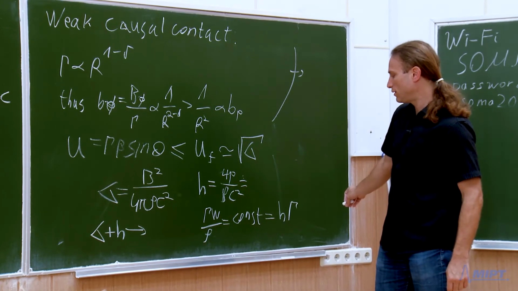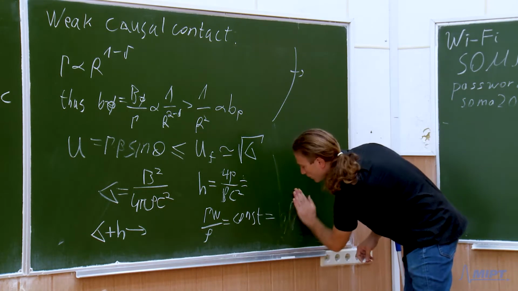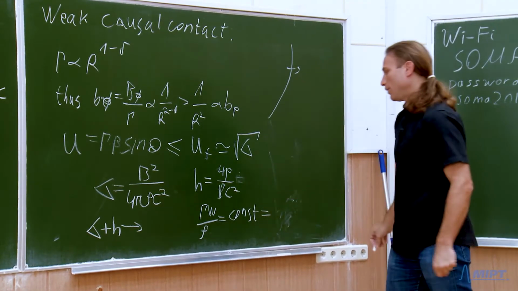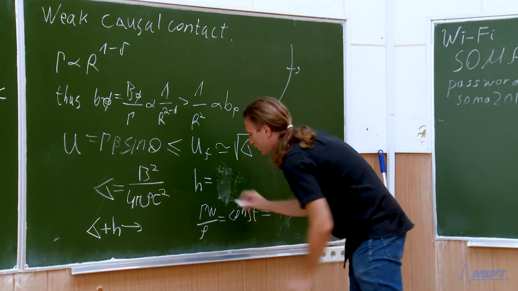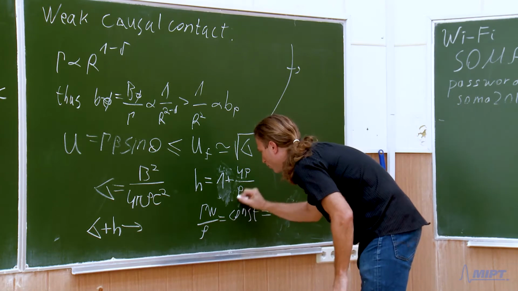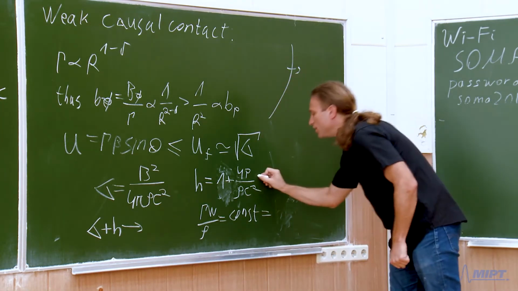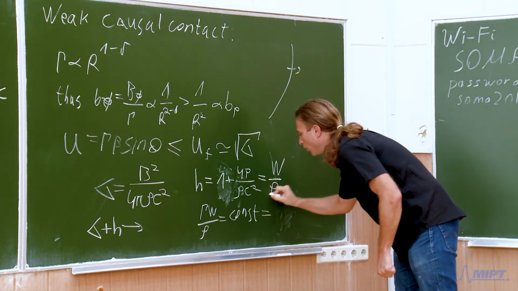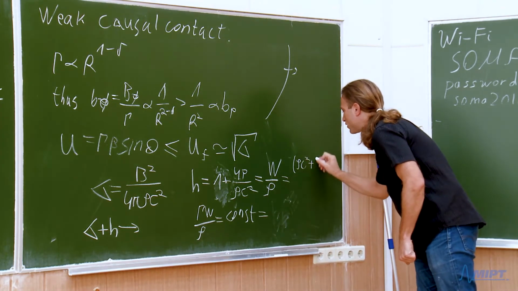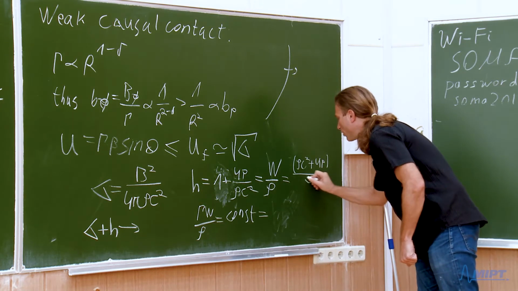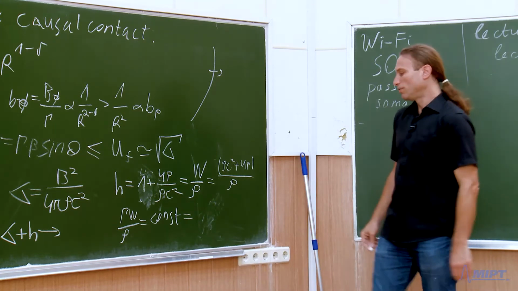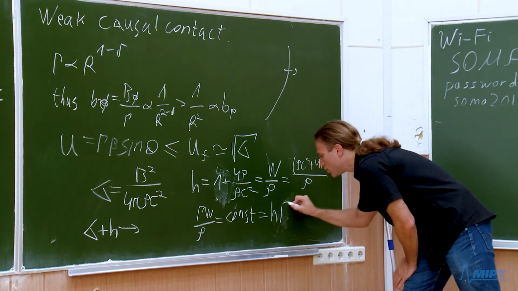H is this, my mistake: 1 plus 4p divided by rho c square, which is W divided by rho, and W is equal to rho c square plus 4p. So we still have H gamma equal to a constant.